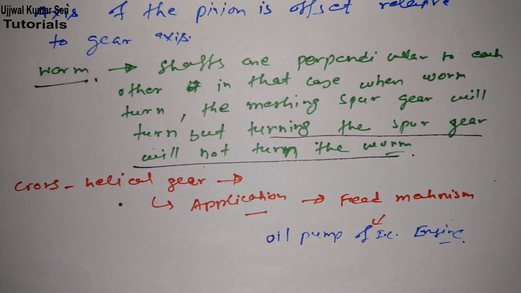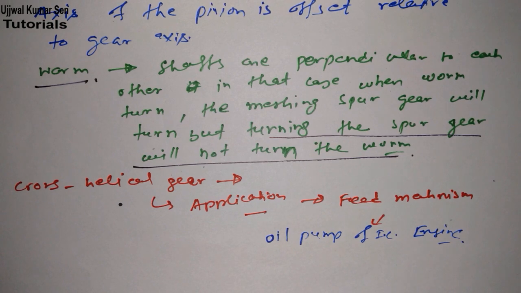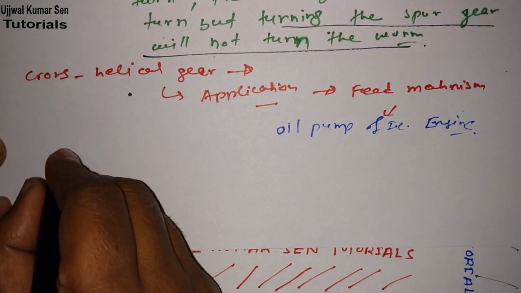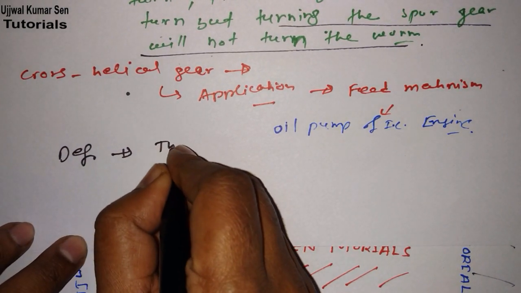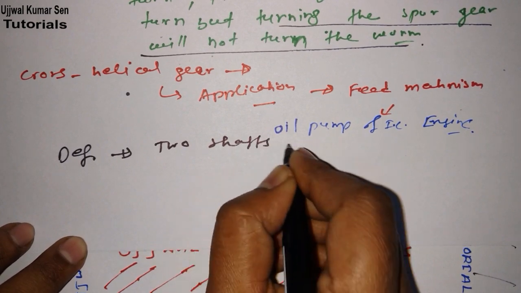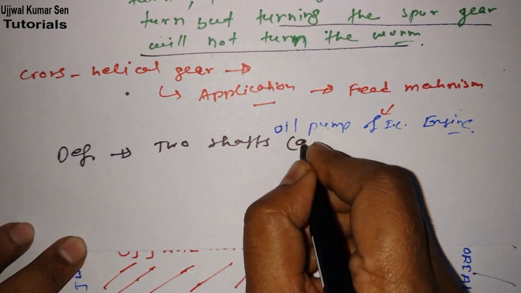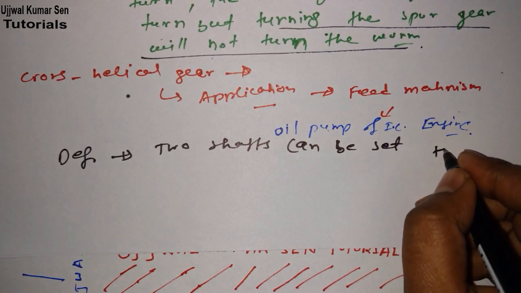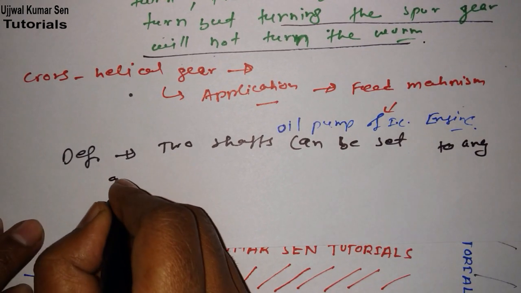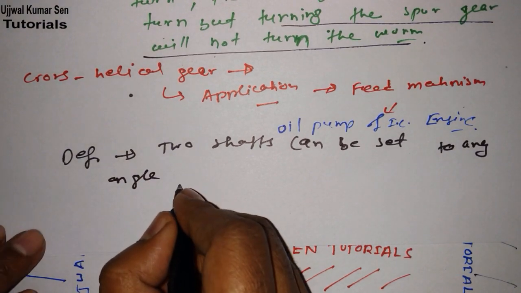Now let's understand this. In this case, the two shafts can be set at any angle. You can write the definition here. Let me write first. What happened in this gear? In this gear, two shafts can be set to any angle, right?